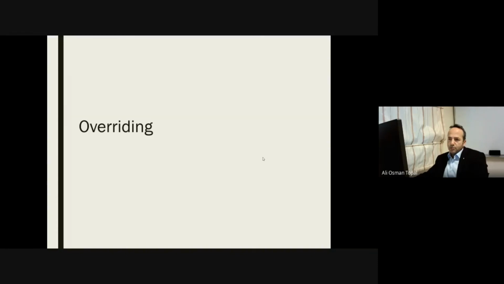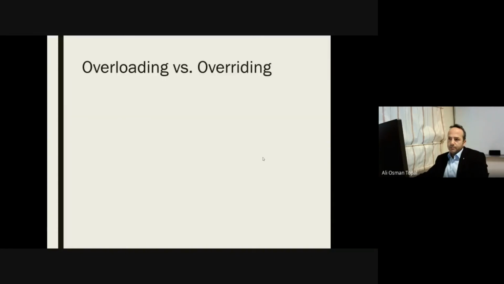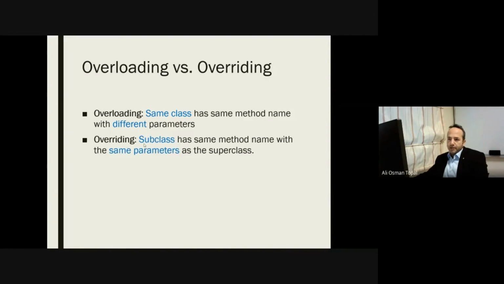Now I like to talk about overriding and overloading. Overloading: the same class has the same method name with different parameters. In the same class, you have the same method name with different parameters. It is overloading. Overriding: the subclass has the same method name with the same parameters as the superclass.